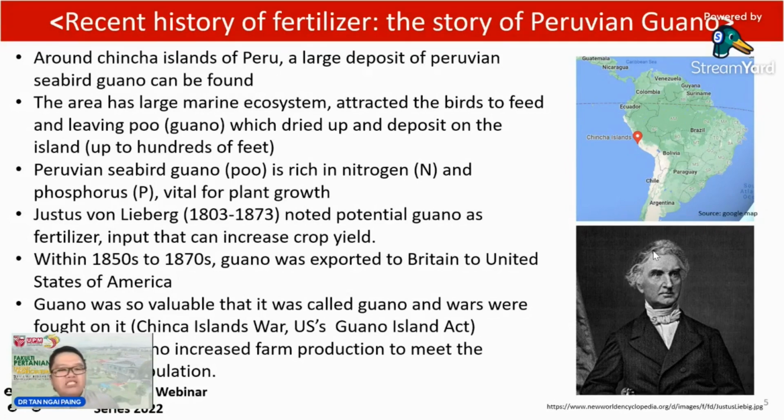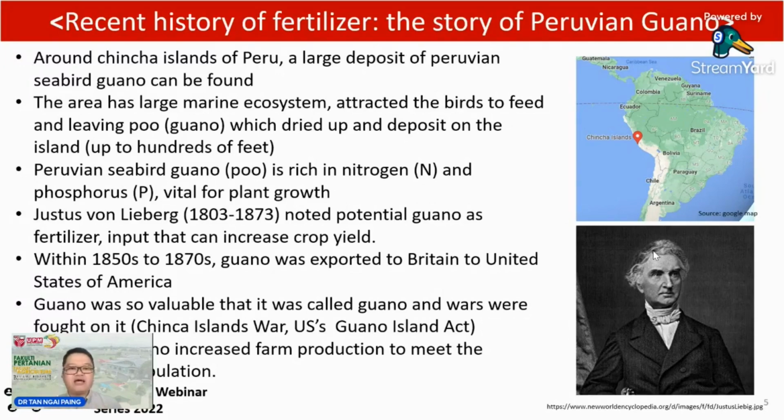And once his research was known by everyone, everyone was flooding to those Chincha Islands to mine all this guano. This guano was so valuable because it's high in nitrogen and phosphorus.